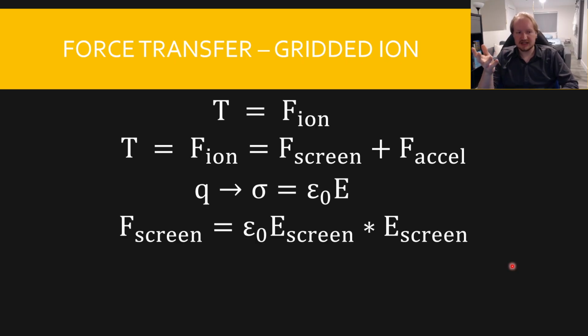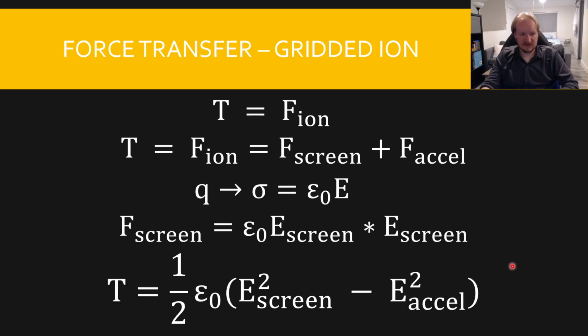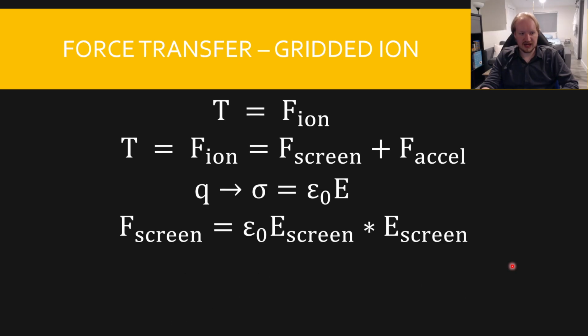So we can say that the force from just the screen section is going to be equal to that charge density, which is the epsilon sub naught times the electric field of the screen times the electric field of the screen itself. Again, remember, because we're using Q times E, or epsilon naught times E, which is going to give us an E squared.